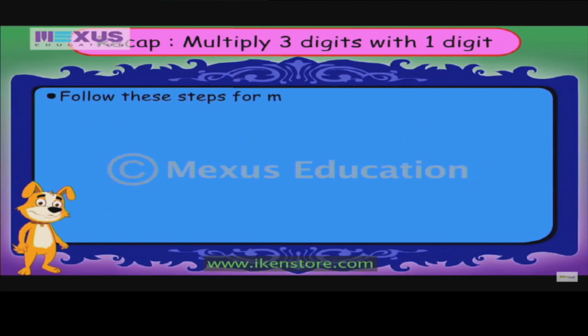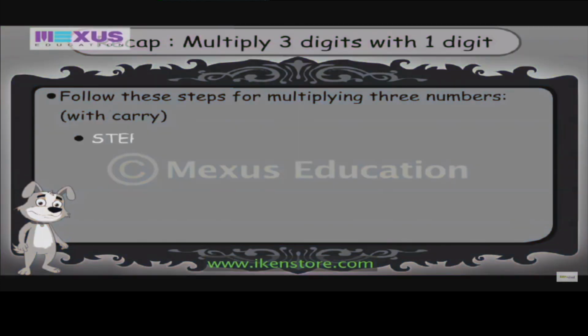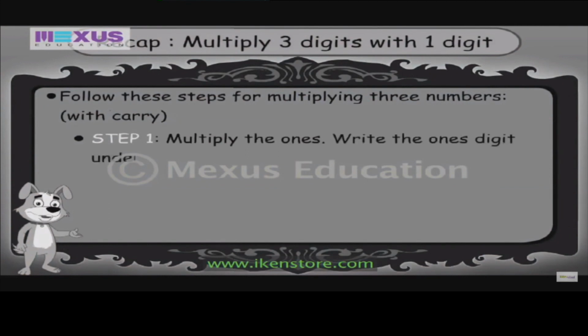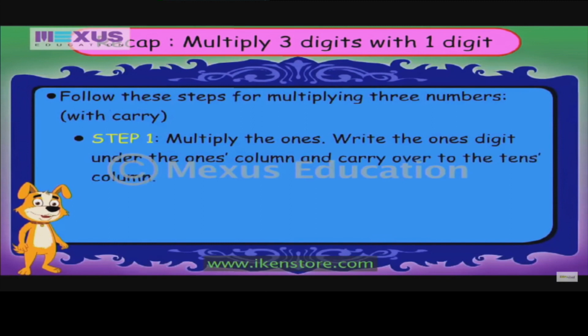Follow these steps for multiplying three numbers. Step 1. Multiply the ones. This is with regrouping. Write the ones digit under the ones column and carry over to the tens column. When you see the term carry over, it means regrouping. Step 2. Multiply the tens.